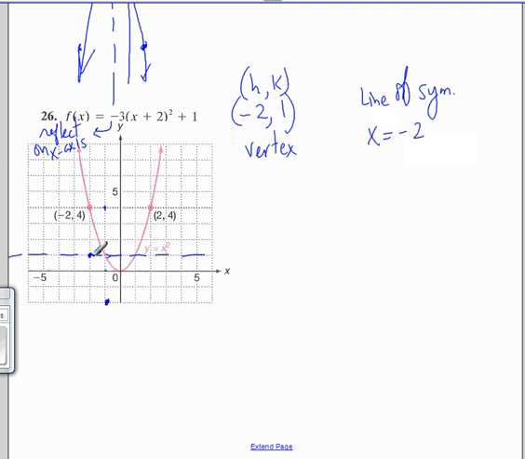And instead of going 2 to the right and 4 up, you're going to go 2 to the right and 4 times 3, so 12 up. So then that will be reflected down here. So it'll be somewhere down here. Remember, once again, we're just sketching.